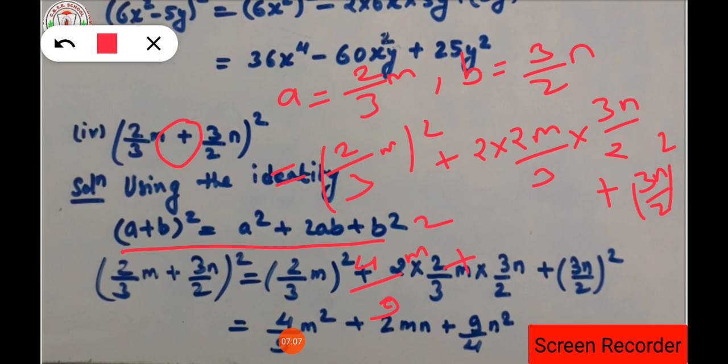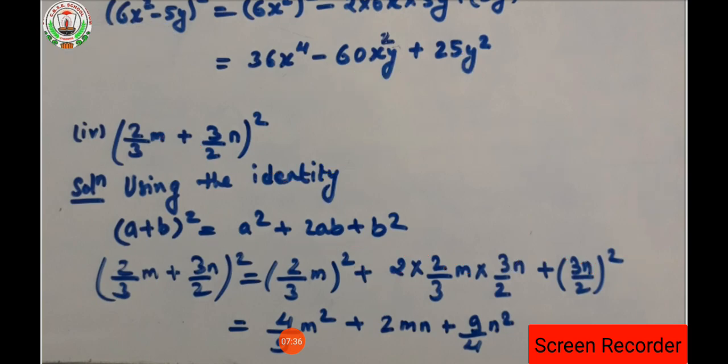Clear? Plus, here the numbers 3 and 3 from the numerator and denominator will get cancelled. Of course it will get cancelled. Then 2 and 2 from the numerator and denominator will get cancelled. So what term is left out? That is 2m. So 4 upon 9 m square plus 2m plus 9n square upon 4.